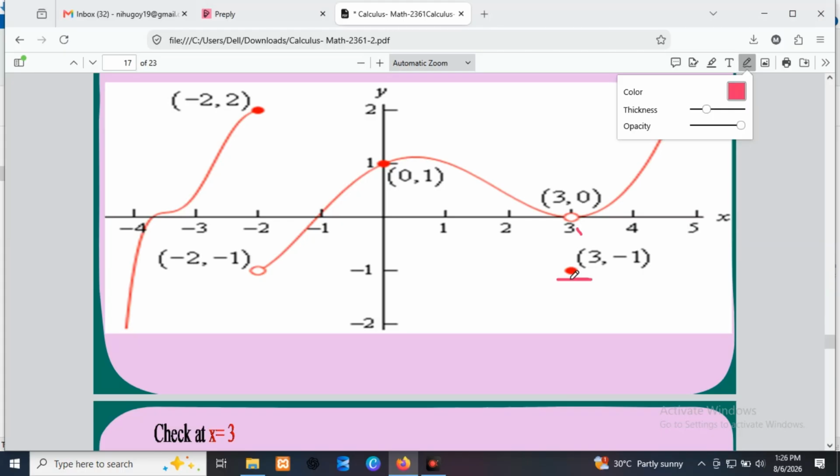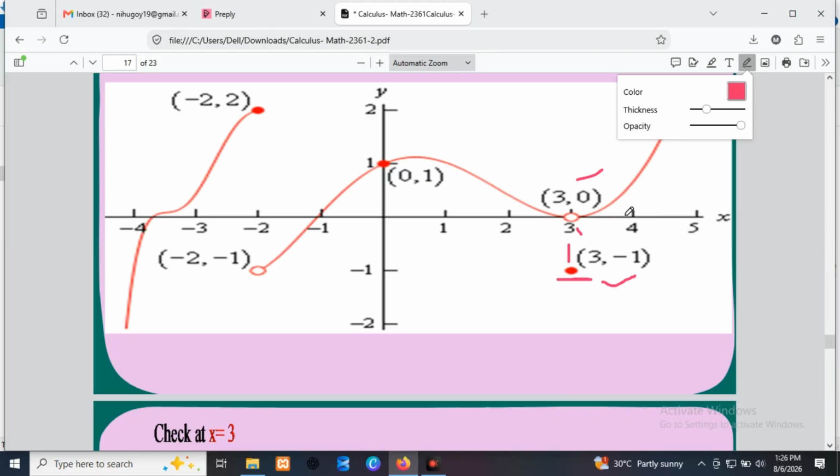Be careful. At exactly number 3, we have two values: 3 and 0, but here is 3 and minus 1. In short, this indicates the limit does not exist.